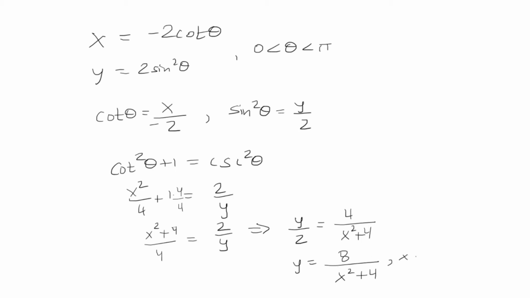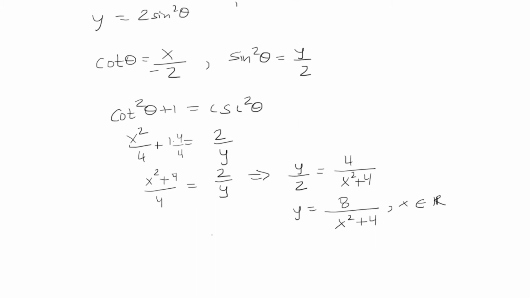And here x is going to be all real numbers. Okay, so what that means is going from 0 to pi in this parametric equation is the same thing as x being negative infinity to positive infinity.